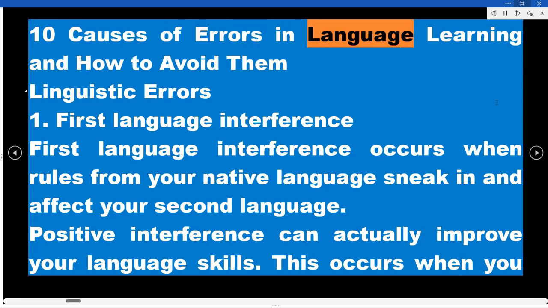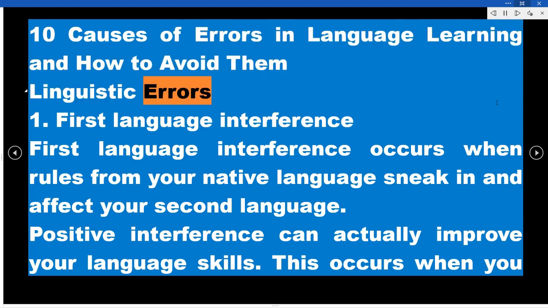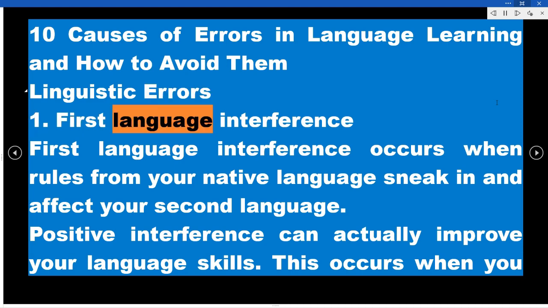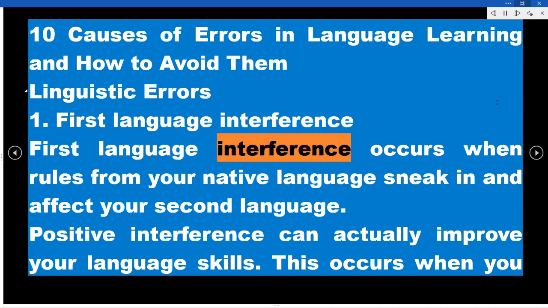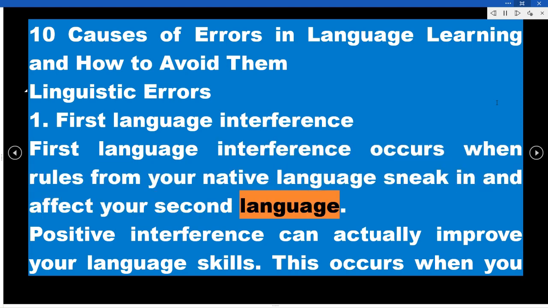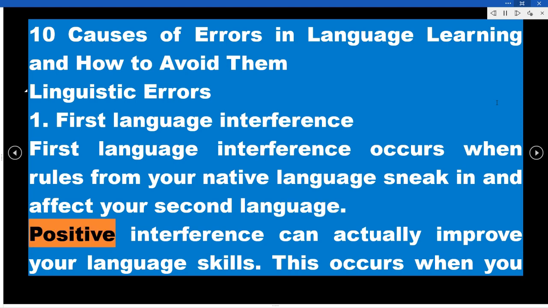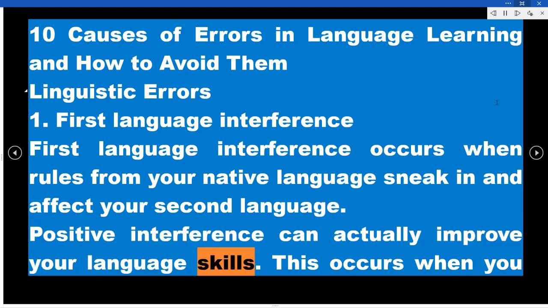10 causes of errors in language learning and how to avoid them. Linguistic errors. 1. First language interference. First language interference occurs when rules from your native language sneak in and affect your second language. Positive interference can actually improve your language skills.